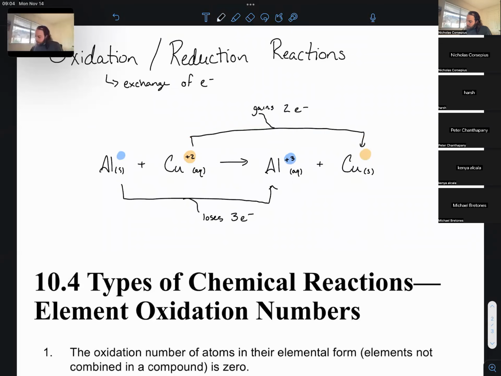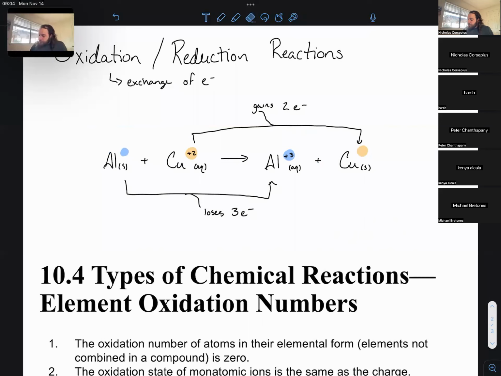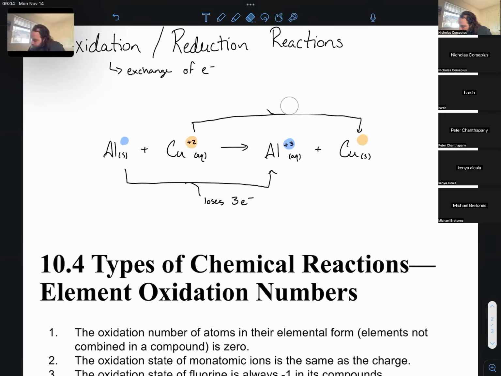All right. So the first thing we need to be able to do is determine what element is being oxidized and what element is being reduced in an oxidation reduction reaction, right? So I'm going to make a little table here.